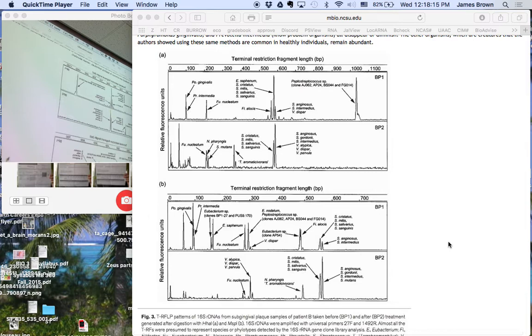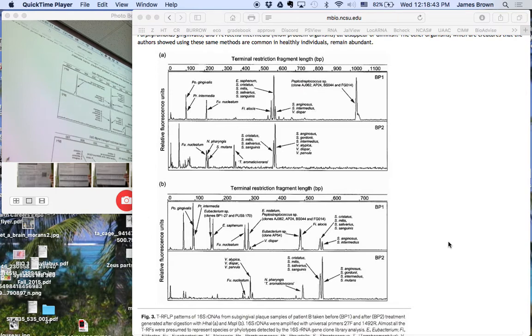There are peaks in all these where they can't identify who it is, but they find the standard organisms you would expect to find in your mouth. Both the good ones, things like Streptococcus salivarius. Here's Strep mutans, the cause of dental caries, right? Fusobacterium is a good one. Porphyromonas gingivalis is probably not good.